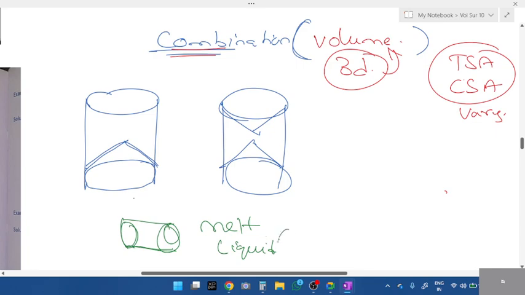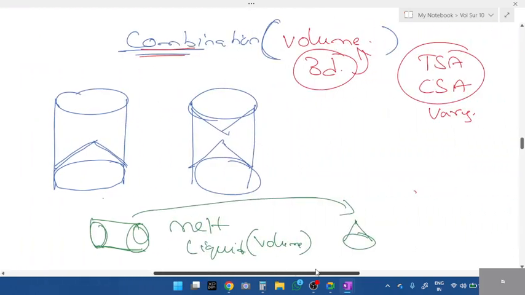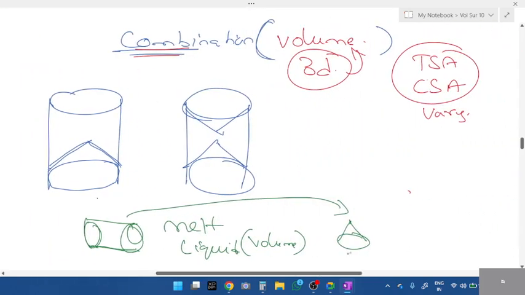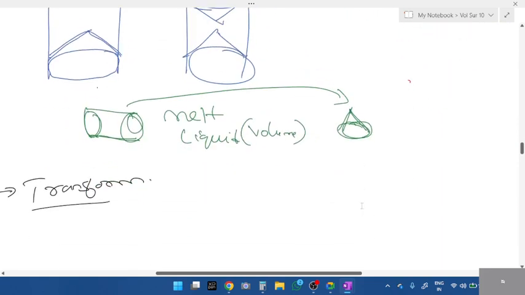Everything is volume. This is volume. If you want to convert this into a cone, how many cones can be made? What is this solid's name? Cone. So this cylinder, if you want to convert into a cone, students, look here.